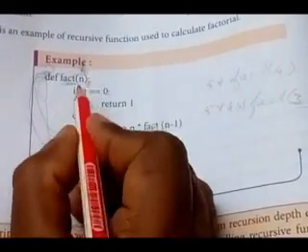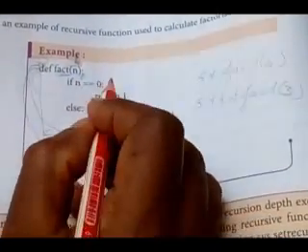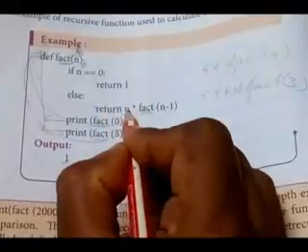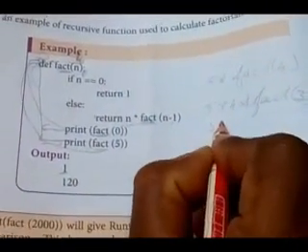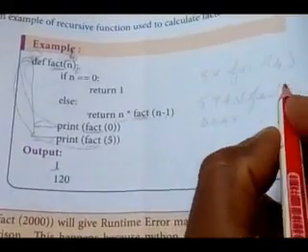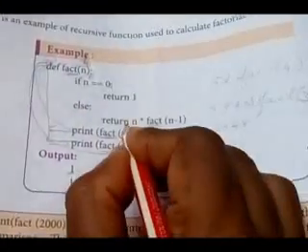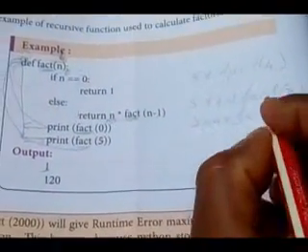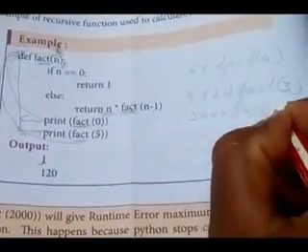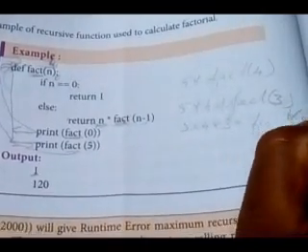Then 3 equal to 0, false. Then else comes here. Already 5 into 4 into fact of n, now n is 3. 3 into fact of n minus 1. N minus 1 is 2. Fact of 2. Now n value is 2.